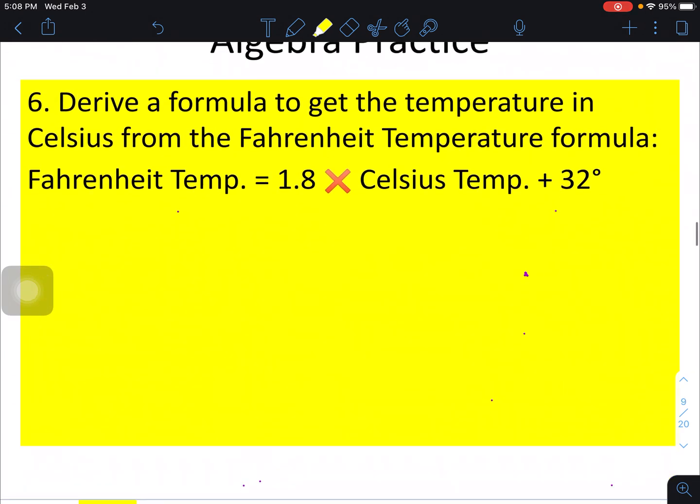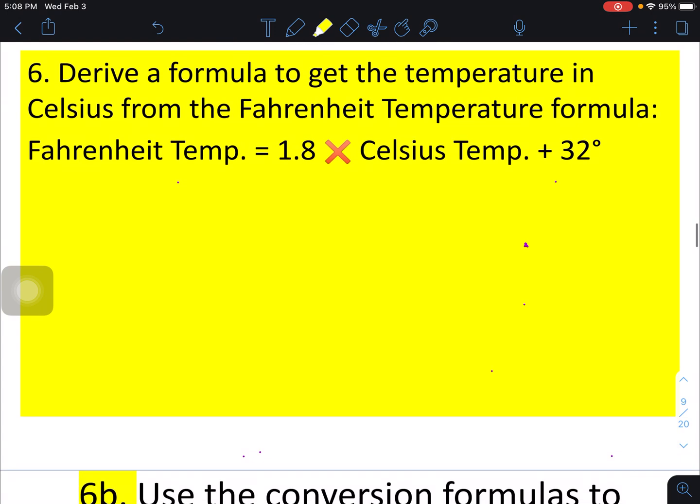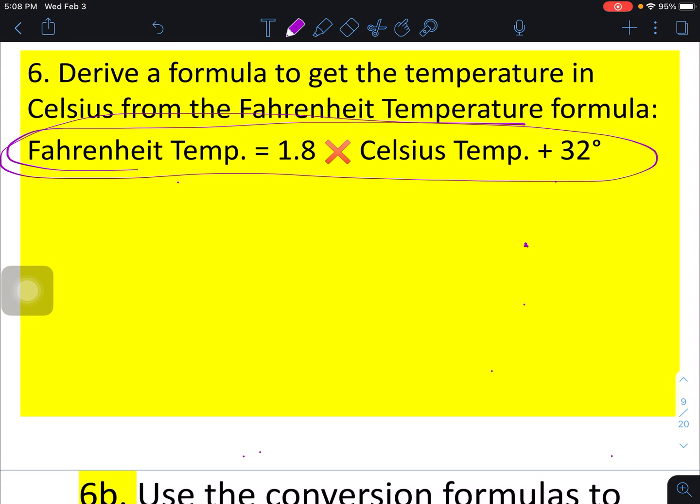Okay, a little algebra practice, deriving a unit to get the temperature in Celsius from Fahrenheit. So you've got this conversion right here: if you're given a temperature in degrees Celsius, how do you go to Fahrenheit? The answer is Celsius times 1.8. You can put that in parentheses and then add 32.